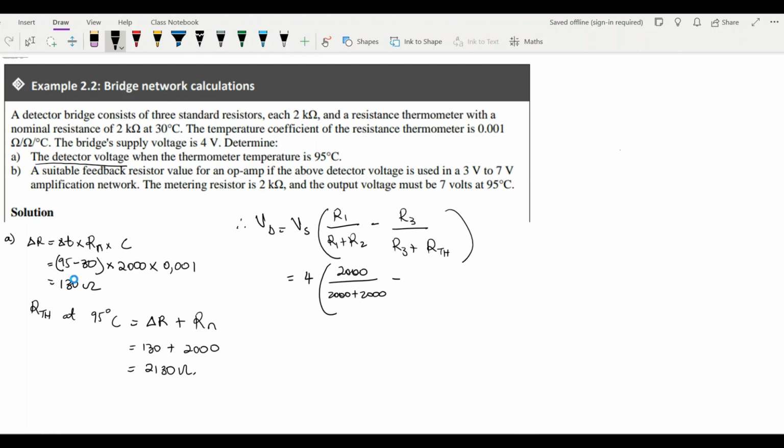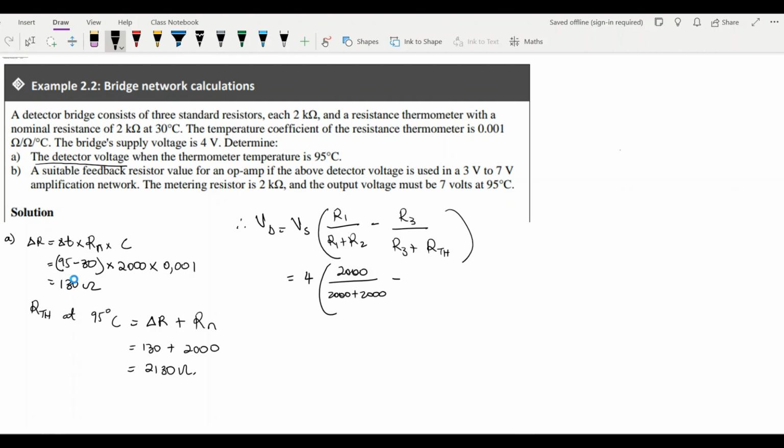The reason why we would have all our resistors being equal is so that the bridge would be balanced, right? When all the standard resistors in the bridge as well as the thermometer resistance are equal, the bridge is balanced, and the output, which is in this case the detector voltage VD, will be zero.